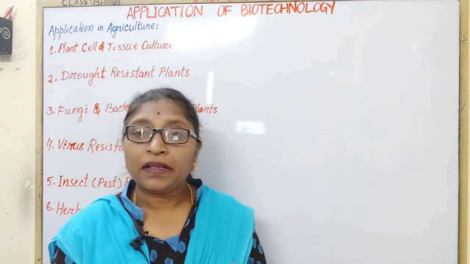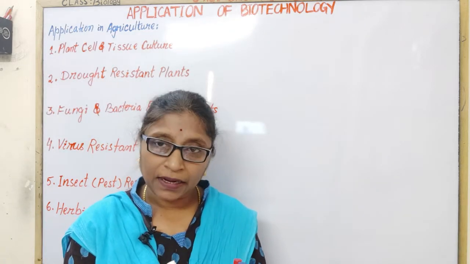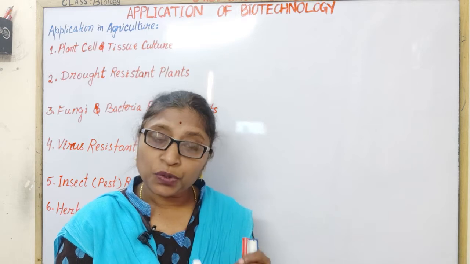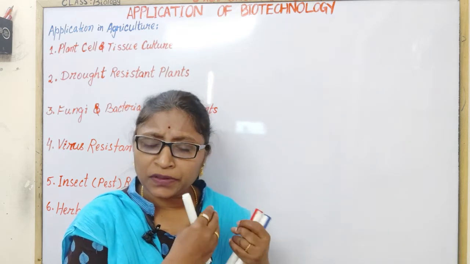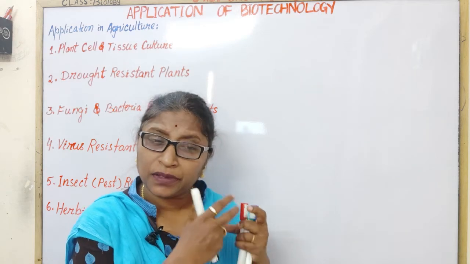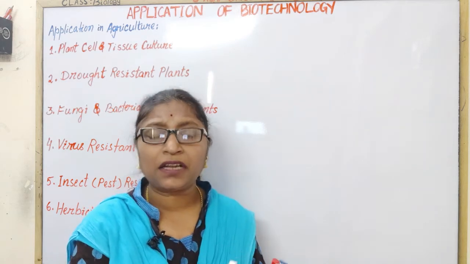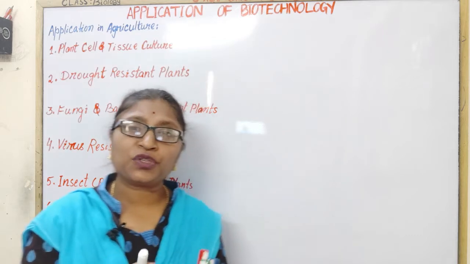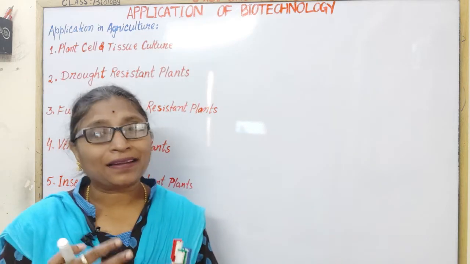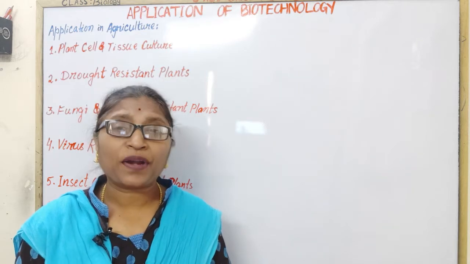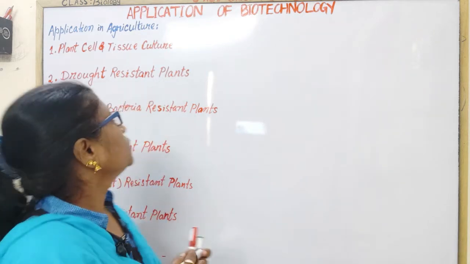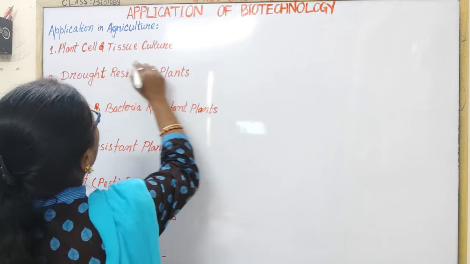Then the transformed cell is cultured to develop the tissue, multiple copies of that plant cell, then the plantlet, then the plant can be developed. So the product can be obtained.